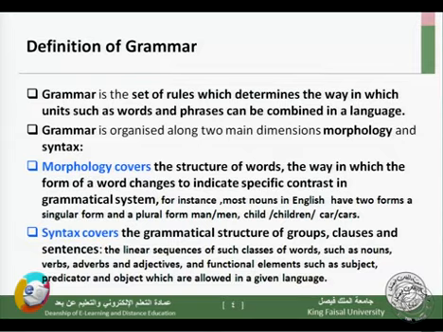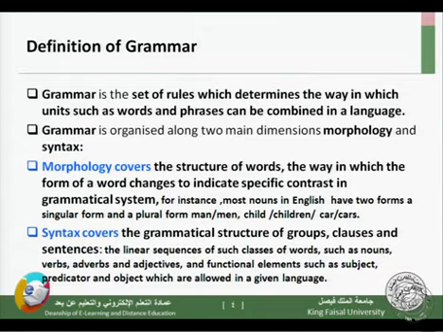Now, let's look at it. Syntax covers what? The grammatical structure of groups, clauses, sentences. In what way? It means sentence.